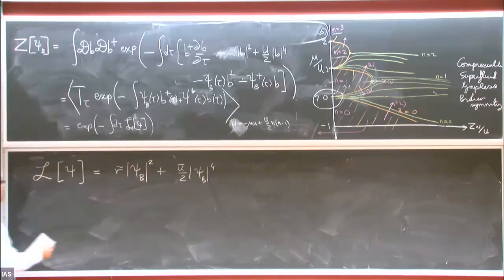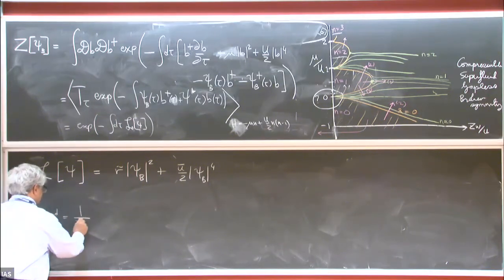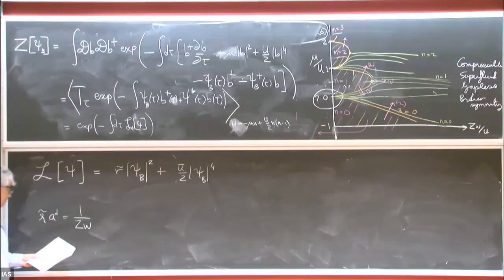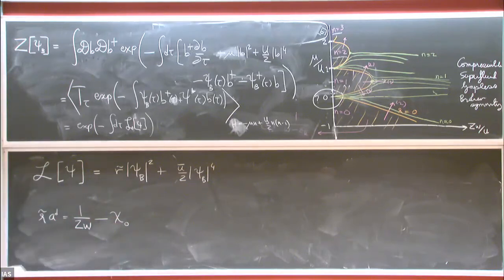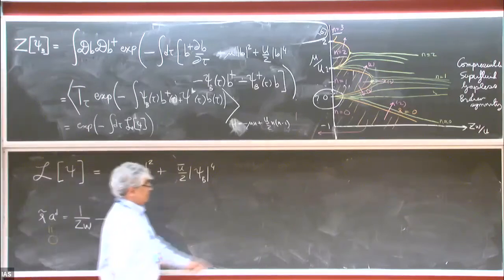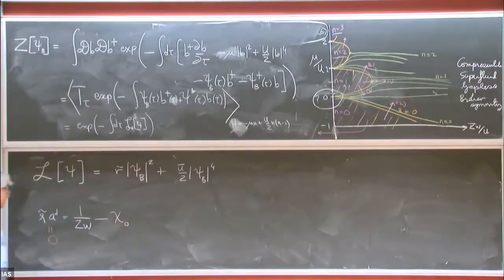Where a is the lattice spacing, it turns out to be 1 over ZW. This comes from the inverse of the W in the Hubbard-Stratonovich transformation, and this is just the one I had before. Everything has been done so that the equation R tilde equal to 0 gives exactly the orange lines here again. So this mass term in the condensate vanishes on those orange lines.